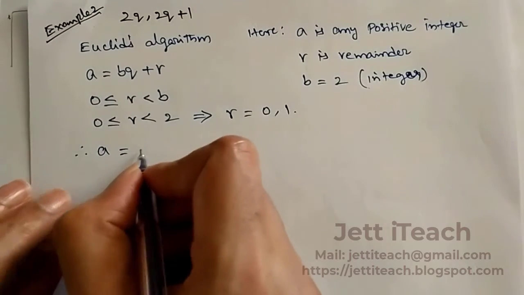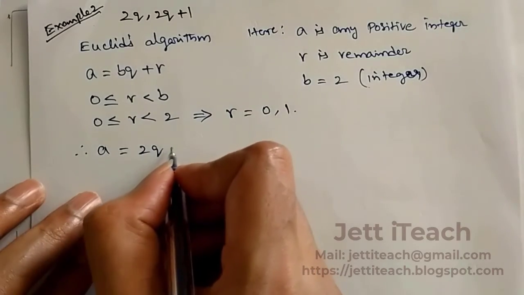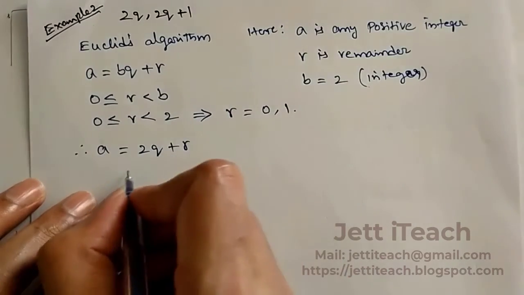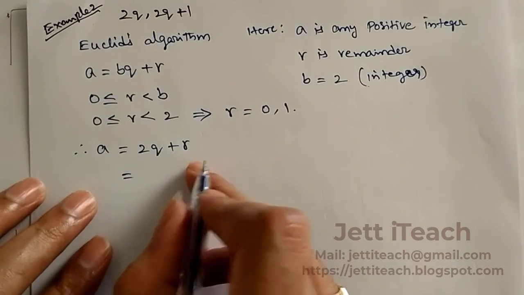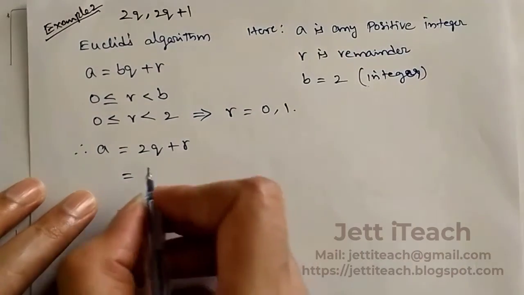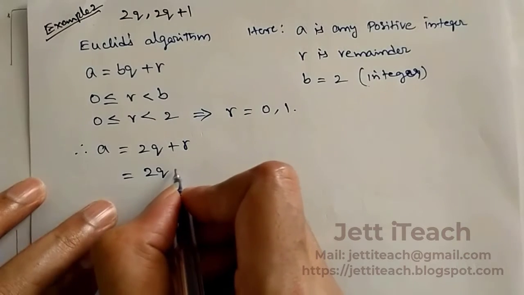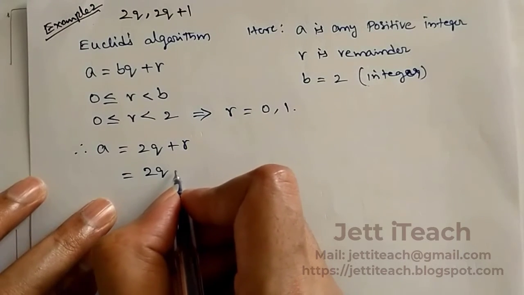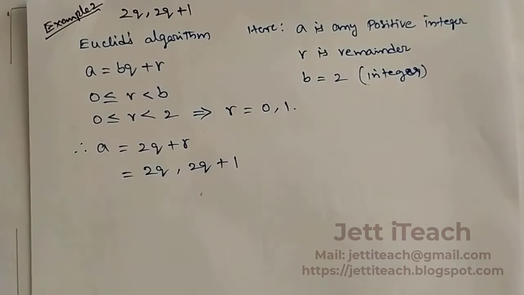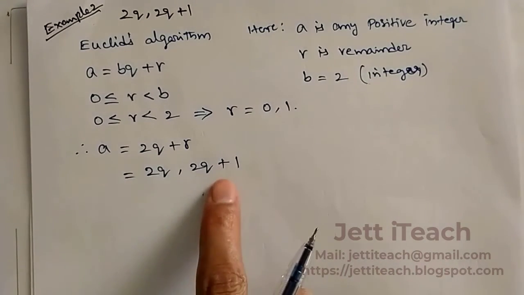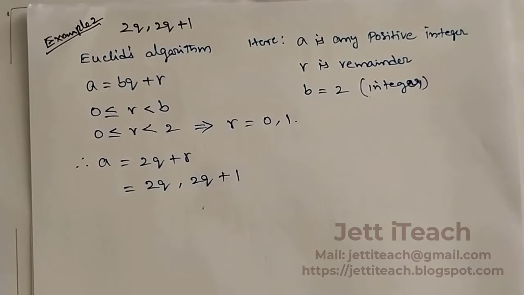Therefore, a equal to 2q plus r, right? So here r is 0 or 1: 2q, comma 2q plus 1. For different values of r, I wrote the value of a.